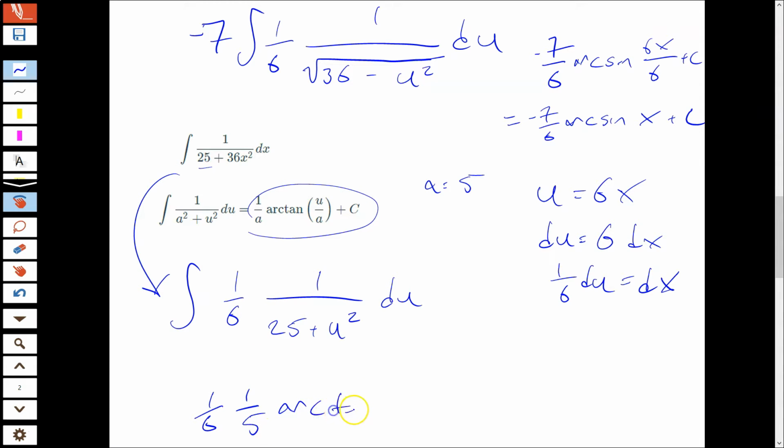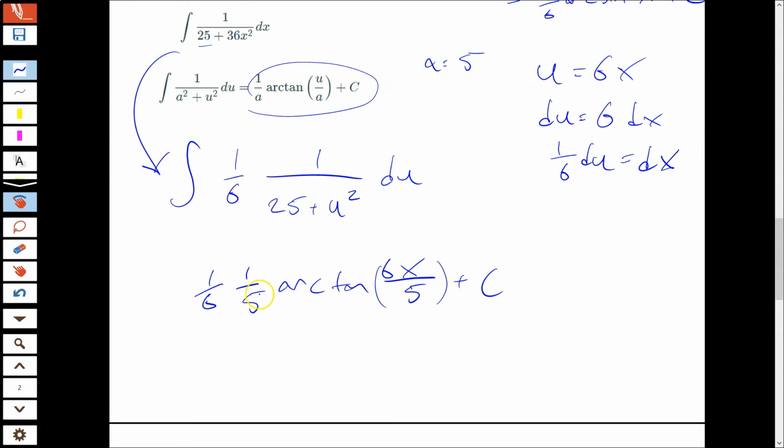Arctangent of u over a. So u was 6x, a was 5. Oops, I keep writing a instead of 5. Plus c. So that's my integral, and then I want to simplify it some. So 1/6 times 1/5 becomes 1 over 30, arctangent of 6/5 x plus c.